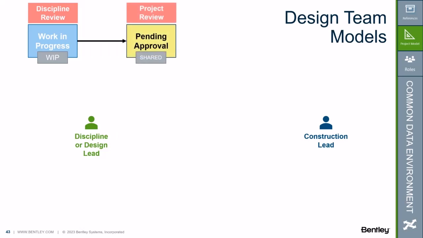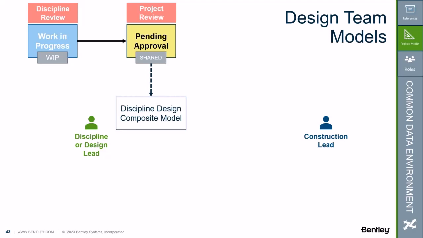Once the discipline approves the container, it goes into the pending approval state, and this would be shared so that other task teams would be able to see the information. At this point, the BIM manager or discipline lead would attach the container model to the discipline's composite model.